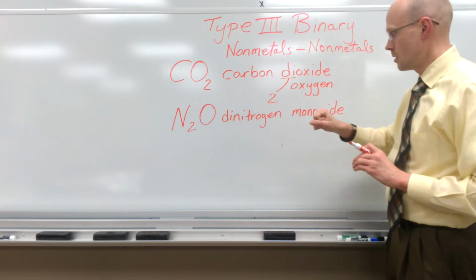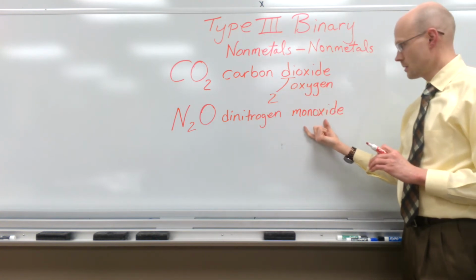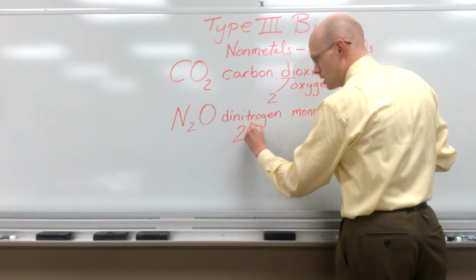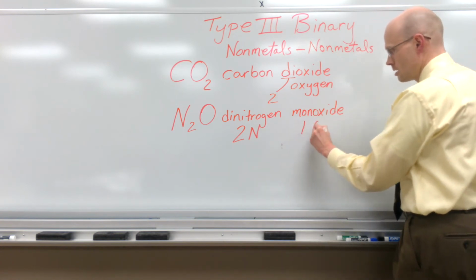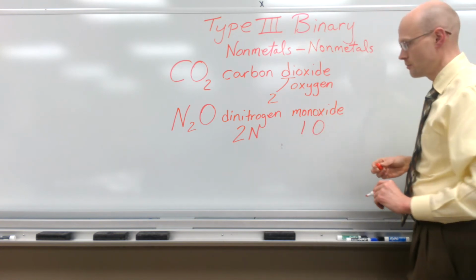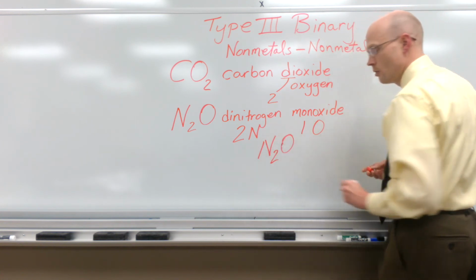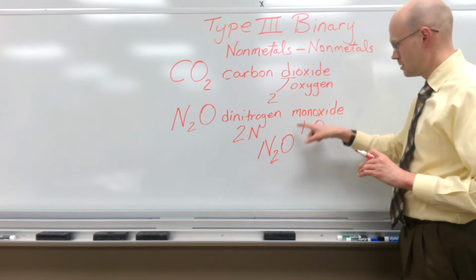Okay, for the first element, we use mono in the second element. Okay, so we have dinitrogen, meaning that tells us two nitrogens with one oxide or one oxygen. So it lets us see the formula as N2O. Dinitrogen monoxide.